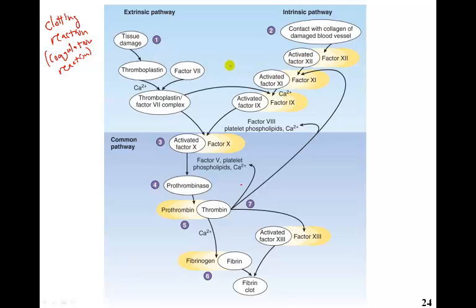There's a bunch of clotting factors involved in the steps that lead toward thrombin activation. I don't want you to memorize any of the individual clotting factors or individual steps, but what I do want you to be aware of is that you need all these clotting factors to get from the initial injury to the clot. You have to have these intervening factors to get to the final formation of the clot. So clotting factors are necessary in the formation of a blood clot.